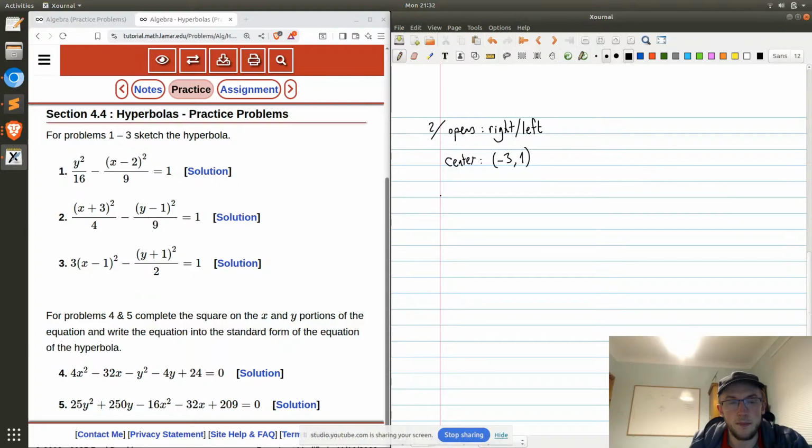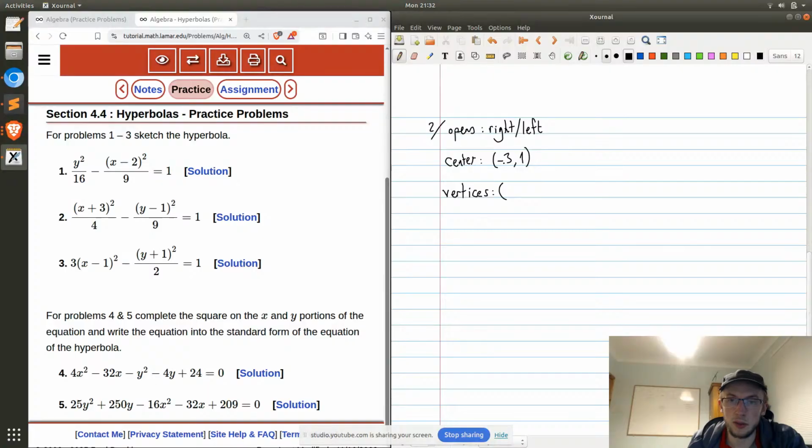Then we get the vertices. The vertices of the hyperbola. So it'll be a modification of the coordinates of the center.